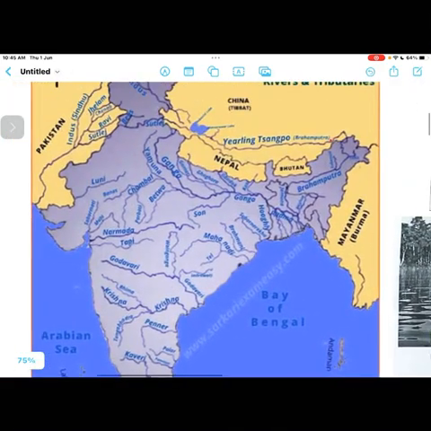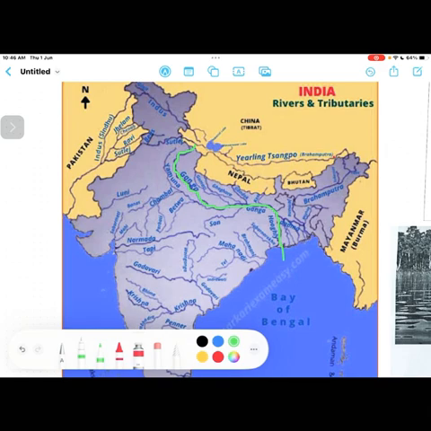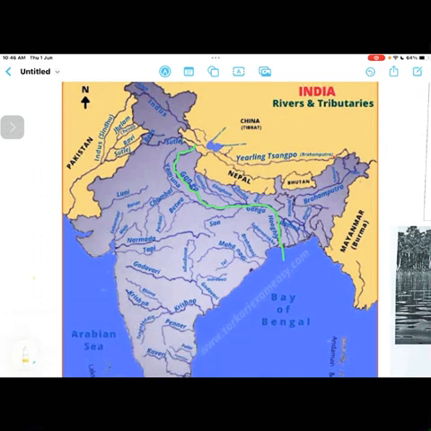On your map, you have the Ganga River originating from the Gangotri Glacier, moving on from here, and then going into West Bengal, Farakka, turning into Hooghly, and then ending in the Bay of Bengal. The next one is the Yamuna River, which originates from the Yamunotri Glacier, starting from here and then meeting here with Ganga.